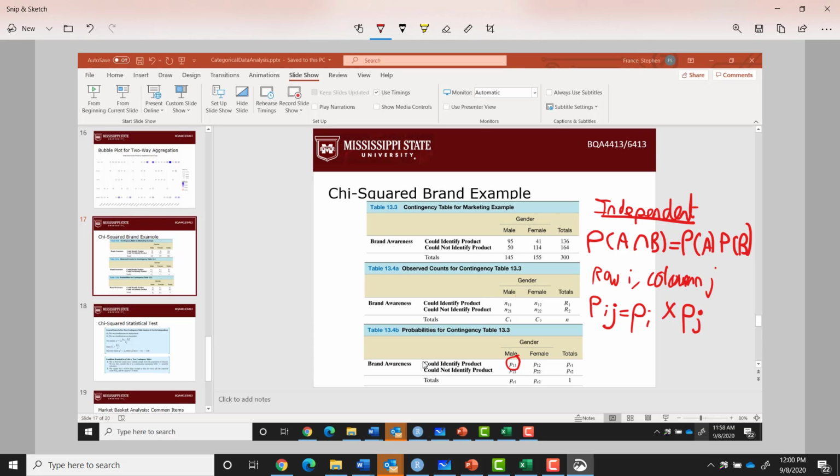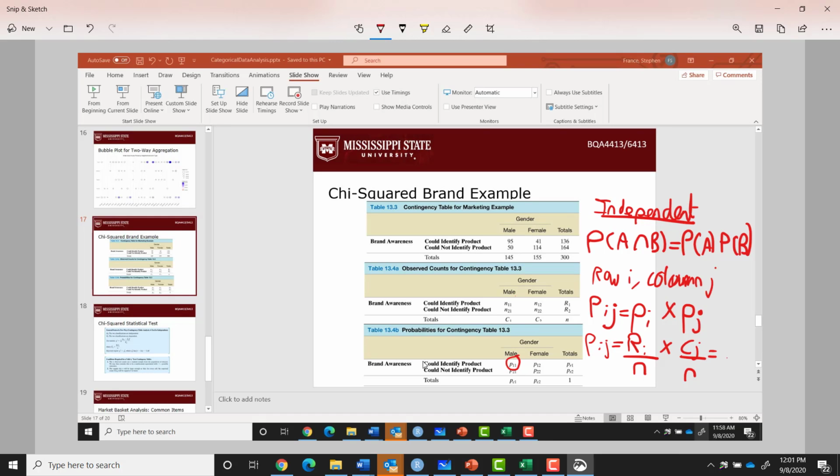Now, we also know that Pij, the probability of being in row i and column j, is the row total for i, Ri, all over n. And for column j, that's going to be the column total, Cj, all over n.